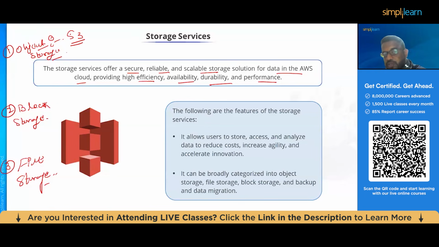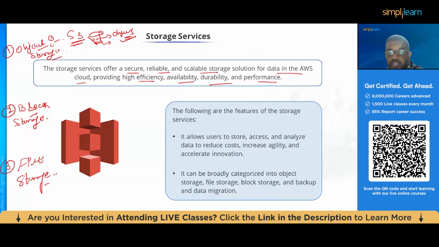First one is object storage, and the popular service is S3, where you are going to create buckets and store objects. Every data will be considered as an object, whatever you are storing. And you can store any kind of data. There is no restriction, right?